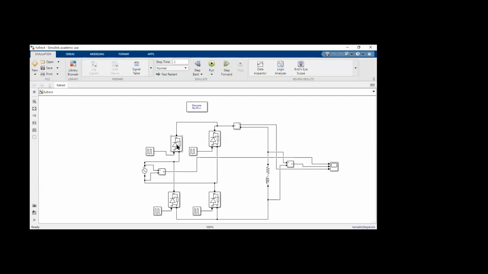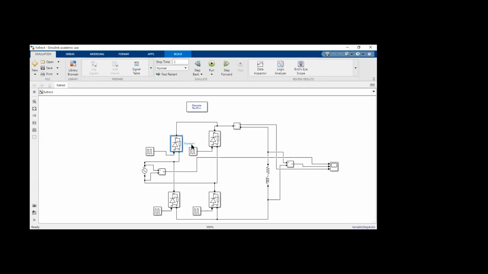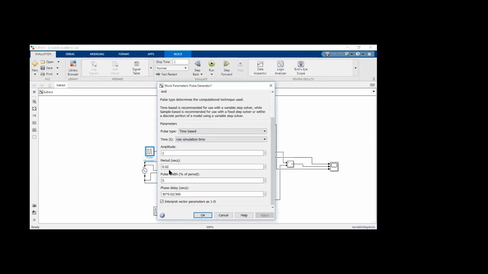Now let me take the full wave rectifier. Here, I have considered thyristors, and this is 1, 2, 3, 4. Thyristors 1 and 4 will be conducting during the positive half cycle. Now you see, for this pulse generator, I have considered the period as 0.02 seconds and the phase delay as 30 into 0.02 by 360.